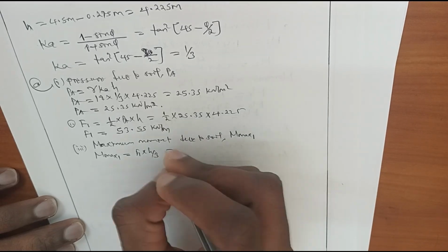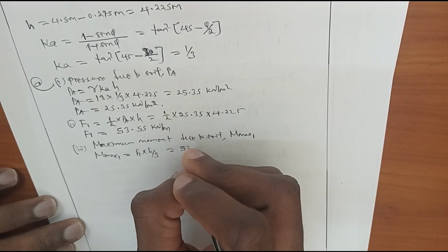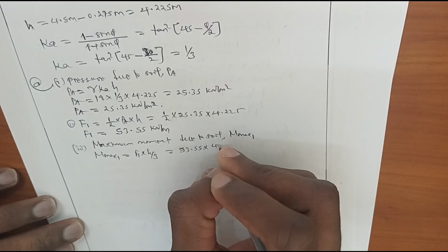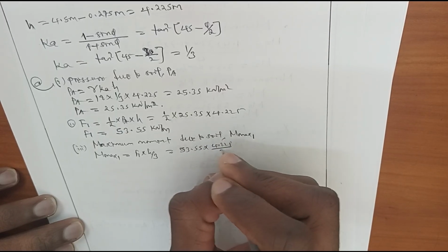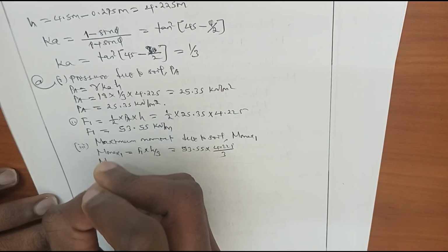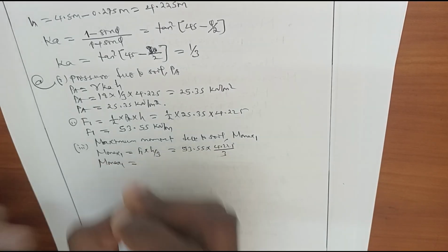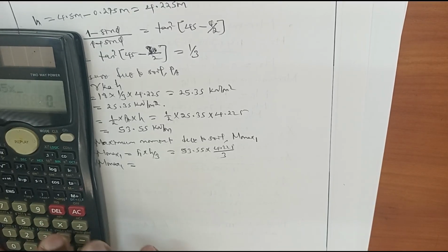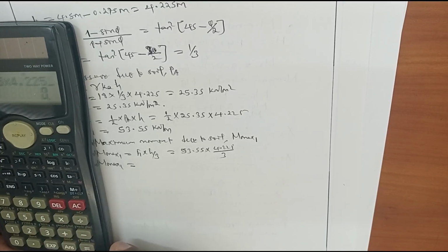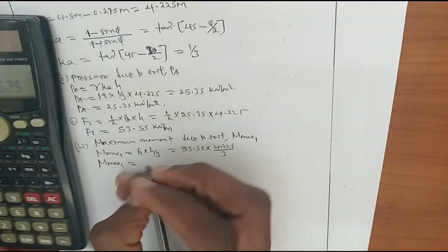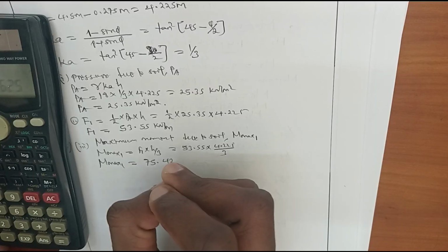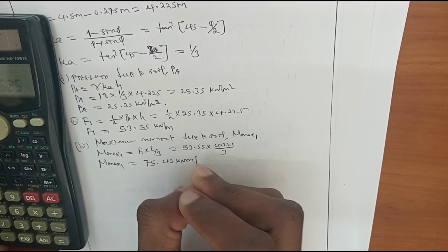Now when we compute this, it will be equal to 53.55 times h, which is 4.225, divided by 3. Now the maximum moment due to soil will be equal to 75.42 kilonewton meter per meter.